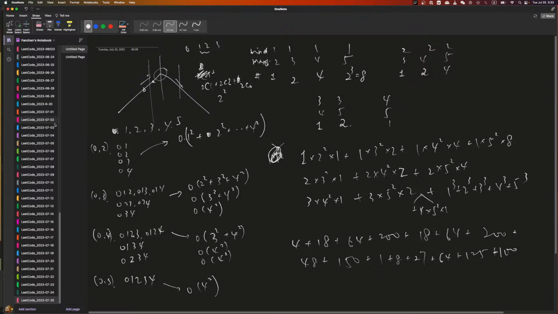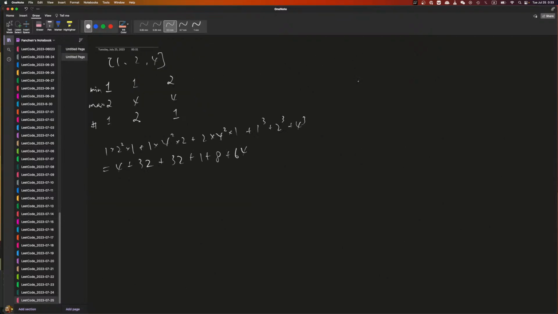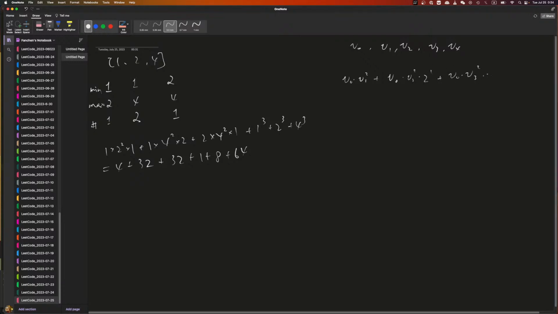Let's get a new page. We need to make it faster, right? So we can say V0, V1, V2, V3, V4. What we do is V0 times V1 squared plus V0 times V2 squared times 2 to the 1 plus V0 times V3 squared times 2 to the 2 plus V0 times V4 squared times 2 to the 3.